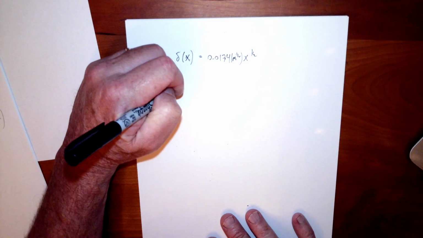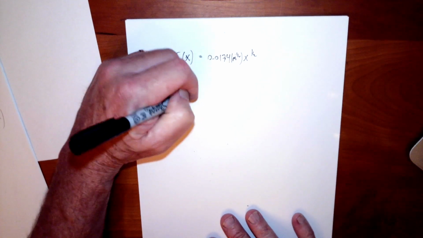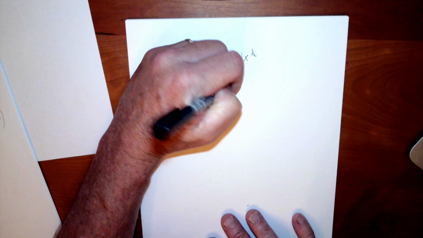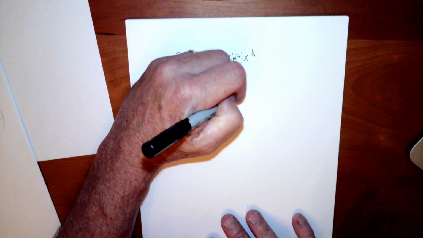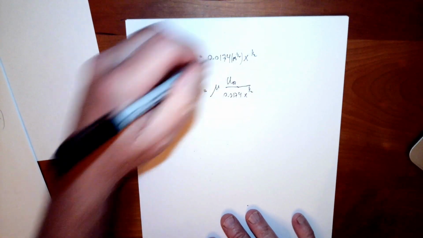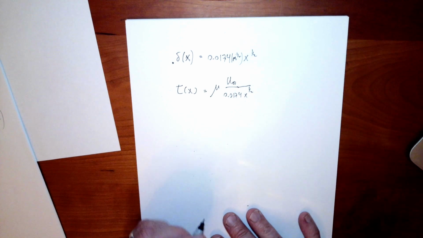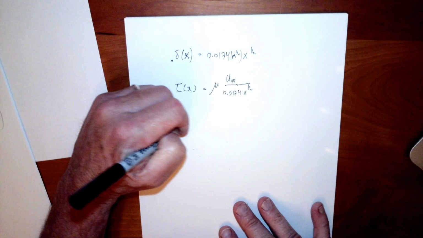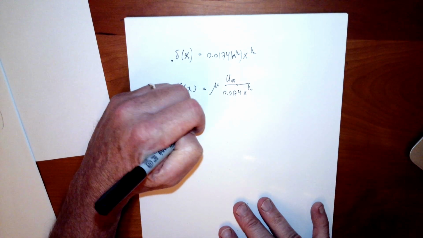So I guess if I wanted tau of x, that would be mu, u infinity over this, 0.0174 times x to the 1/2. So that's fine. Now I need to put this into an integral. So the total drag is going to be the integral of that shear stress over the whole surface.